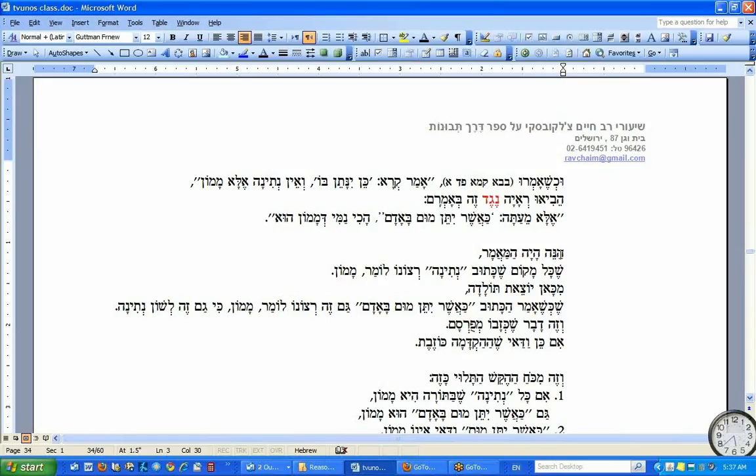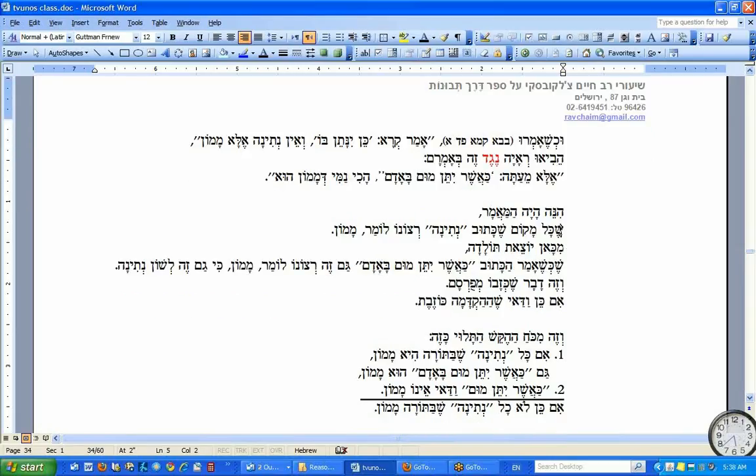So the Ramchal is going to spell that out. The original statement would say that "ein nesina ela b'mamon" means, if we then recast it, that every place that the Torah uses the word nesina means really money, giving money.